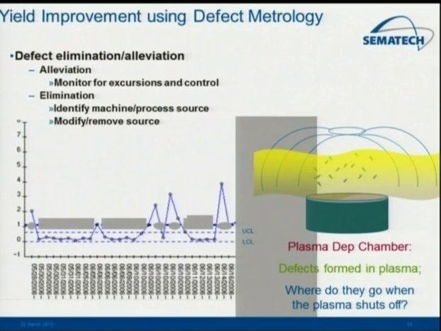That's probably reflecting that your robot has shifted and is now scraping against the chamber, or your electrostatic chuck down here is starting to break down and shed particles. So you use this type of technique as kind of the canary to say, oops, something's wrong, I better go find this tool and see if it's clean.